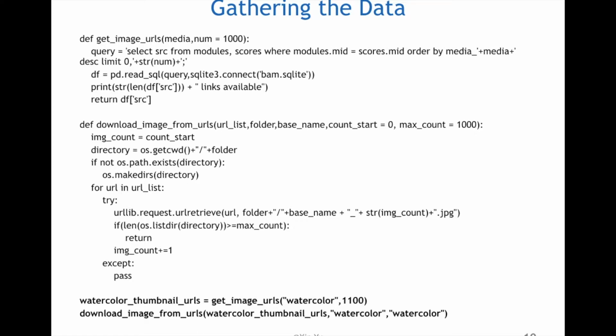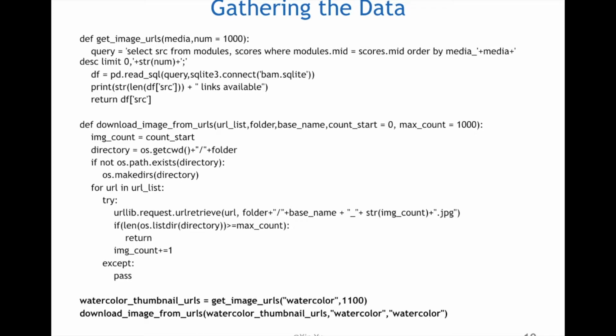As you can see at the top, the get image URLs function is where I am executing the query to the SQLite 3 database and getting a list of links back for each image.